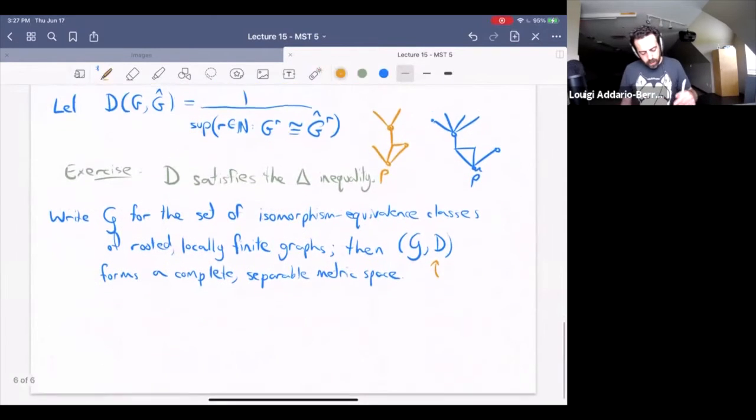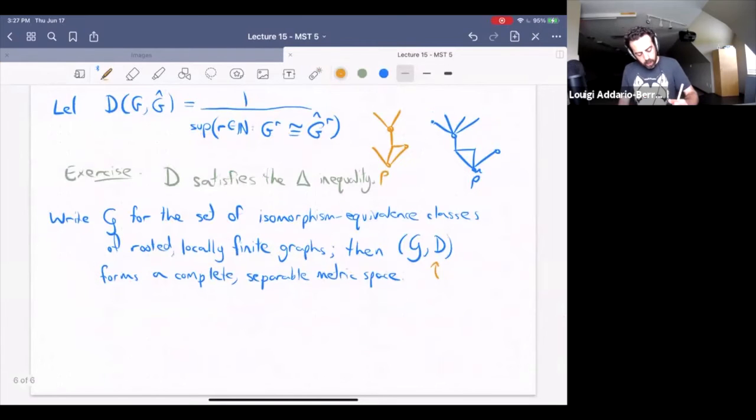So this is the space of random variables that we work in for studying unweighted local convergence.